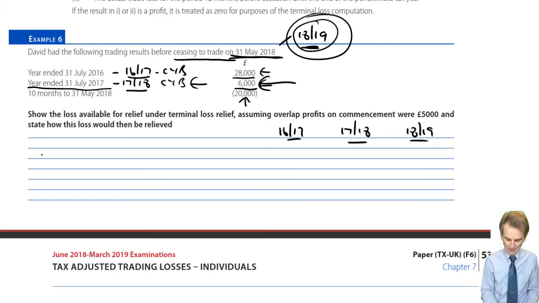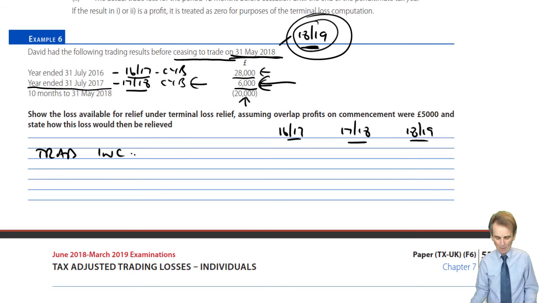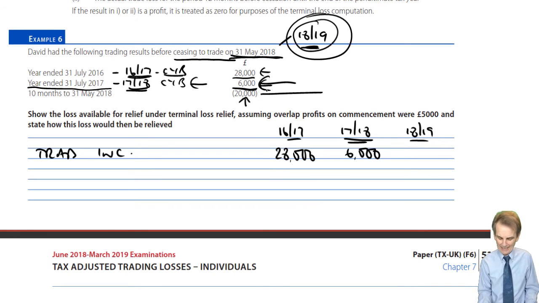Our trading income assessments to include, you need to do the proper working for this, but you know, 16-17 CYB assessment, £28,000. 17-18, there's our 17-18 CYB assessment, £6,000. What was allocated to the final tax year, the loss-making period, therefore it is a nil assessment. Thank you very much, job done.